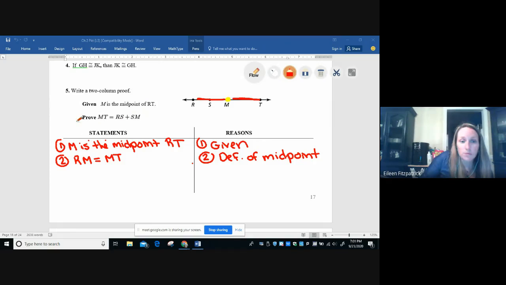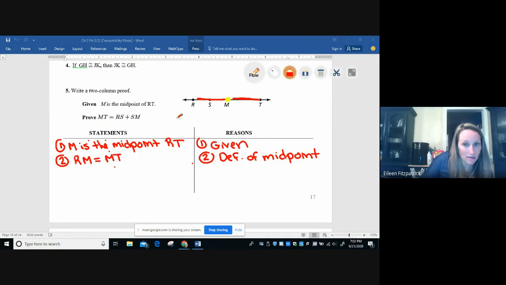Let's look at what we're trying to prove to see where to go next. We want to prove that MT, this little red segment, is equal to RS plus SM. MT was already introduced into the proof, but I know nothing about RS or SM, so let's try to introduce that somehow. What do you know about RS and SM? You don't know if they're equal because you weren't told that S is the midpoint.